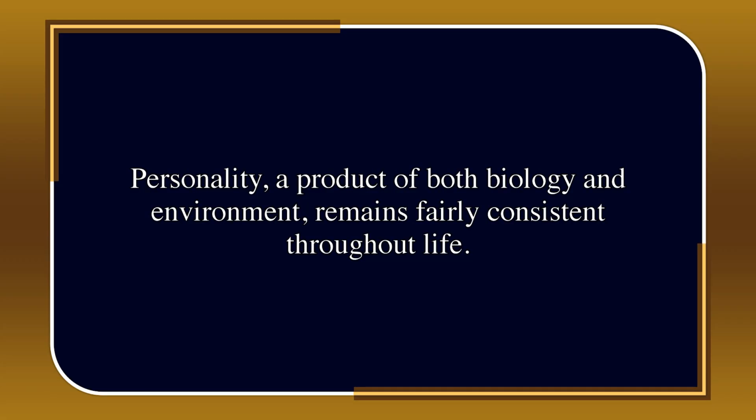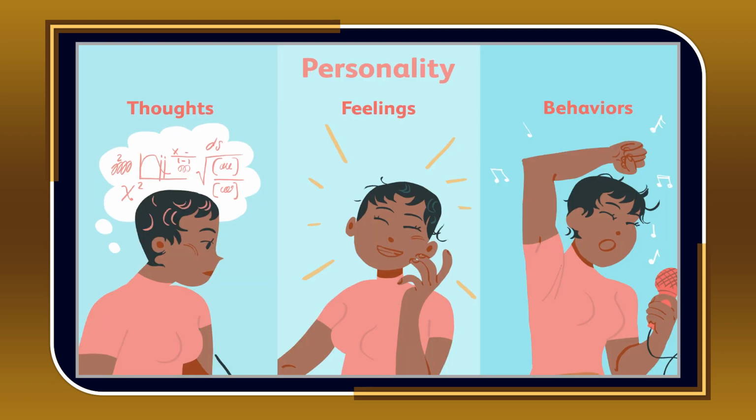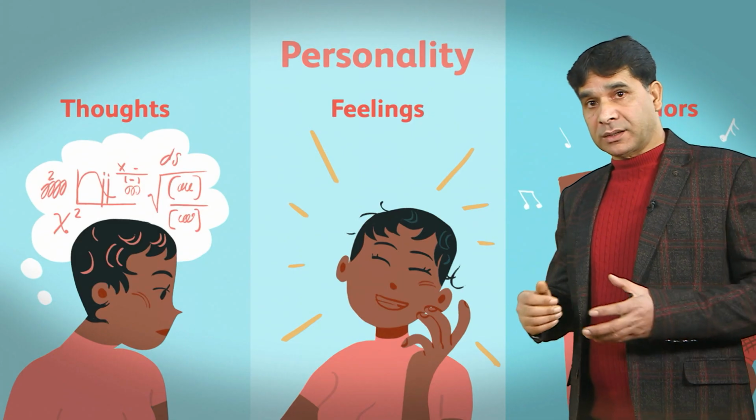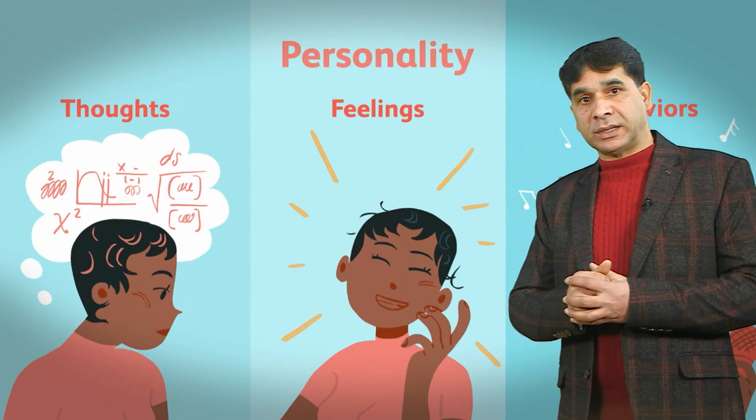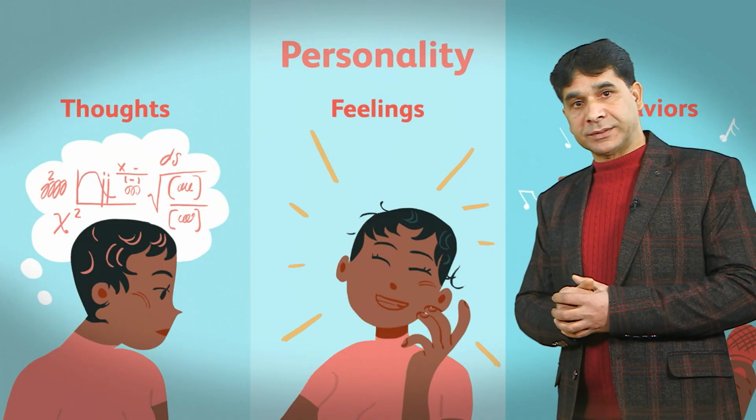Personality, a product of both biology and environment, remains fairly consistent throughout life. It means that personality is the characteristic sets of behaviors, cognitions and emotional patterns that are formed from biological and environmental factors.